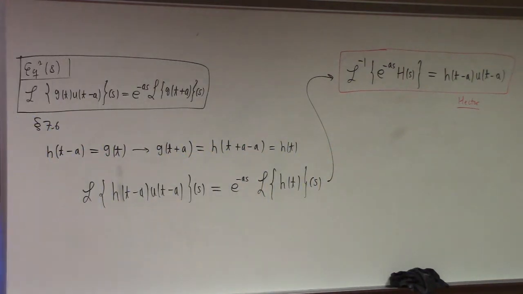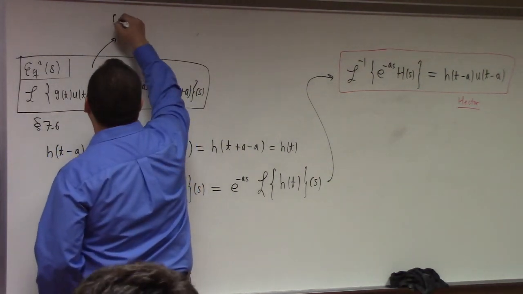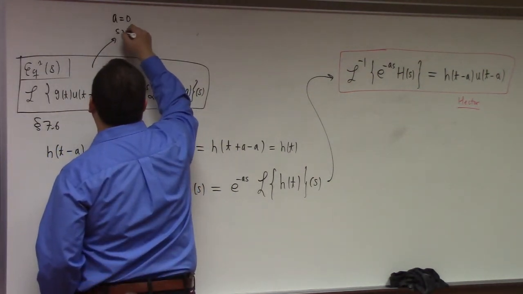All right, well, anyway, we have all the ingredients we need to go back and try to do example 16, right? Example 16 is to take the Laplace transform of example 15's function. One of the things I should point out before I get too far into this: what happens with a equal to 0, the special case?